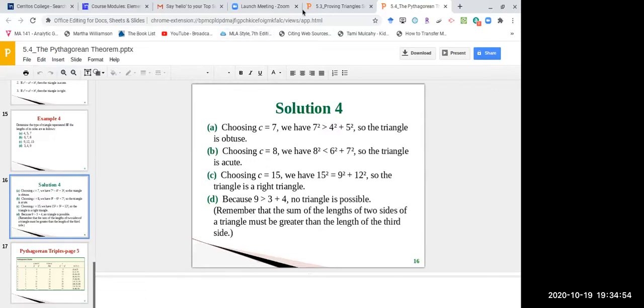Okay, so that was section 5.4. Now we have more sections in the chapter. 5.5 and 5.6, and I'll show you those because those are your new sections for the week. So bear with me for just a couple of minutes here. I'm going to go ahead and load this up.